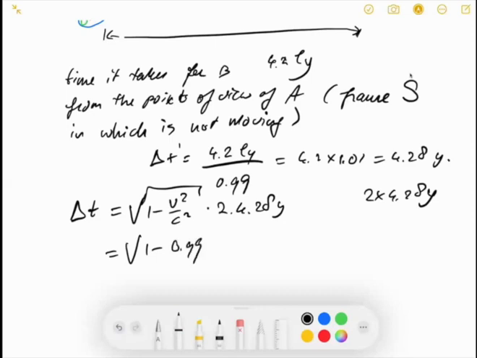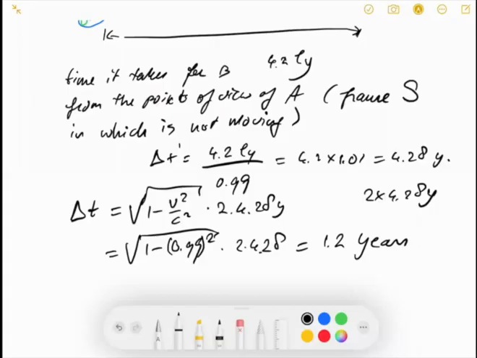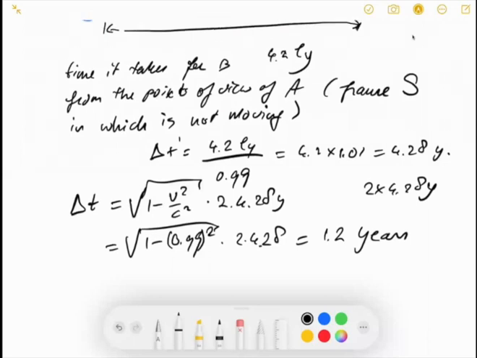So that's 0.99. Actually, I'm missing a square here. I cannot do it without a calculator, so somebody run those numbers. So it's 1.2 years. So significantly shorter.